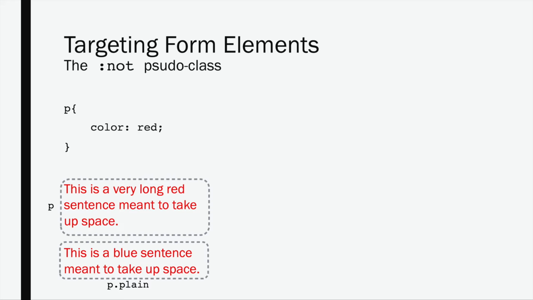However, if you use the not pseudo class, that means that it's going to specify anything that is not the specified class or ID. In this case, it's going to select any P tags that do not have the class of plain. In this case, we're setting the color to red.